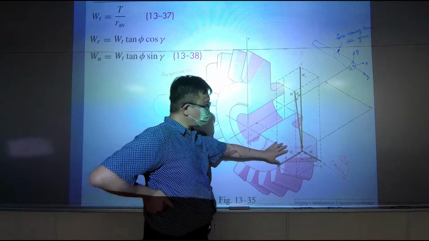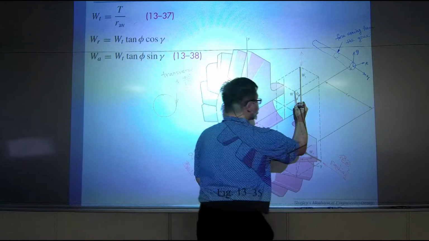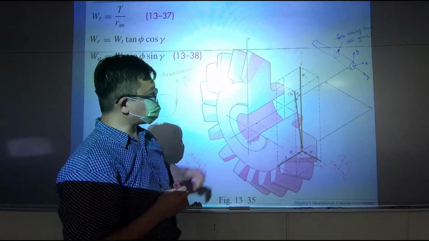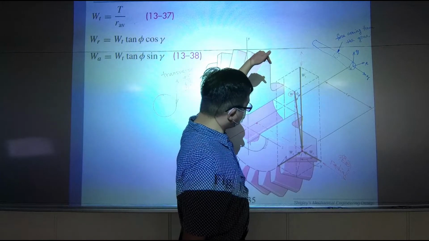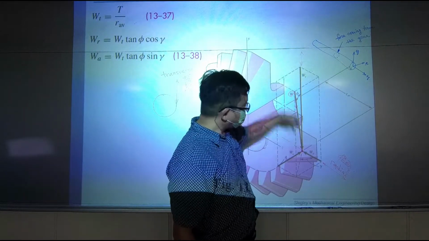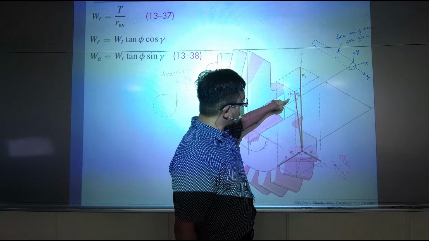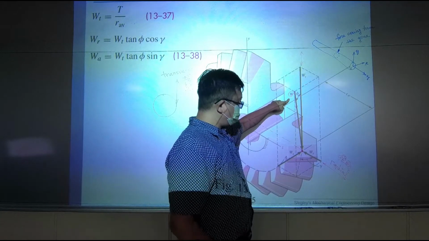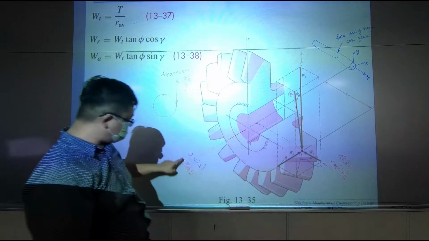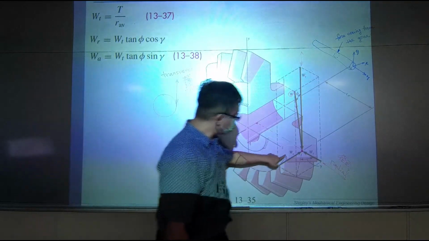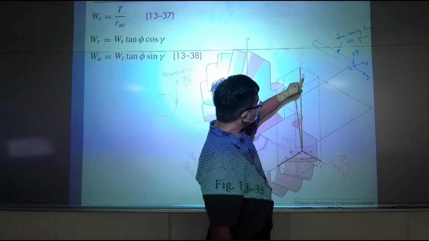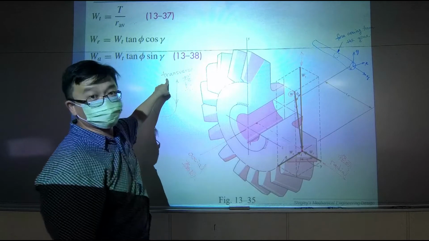So this figure is showing you this vector W is the force that is pushing from the other side of the tooth, and then this W vector has three directional components: the WA axial, WR radial, WT transverse.